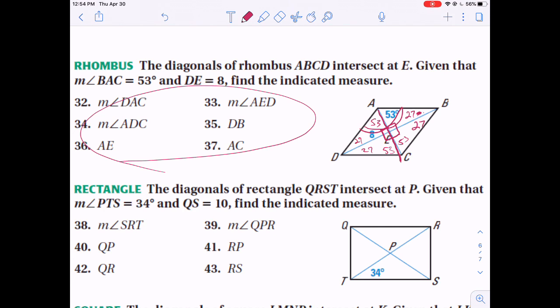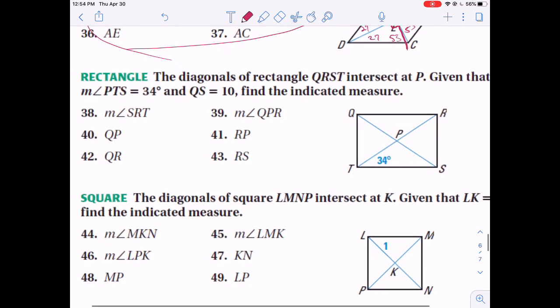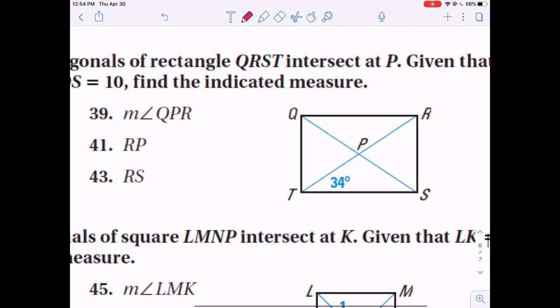On a rectangle, next shape, they have, remember, the diagonals are cut in half. Can you have 90 here, 90 here, 90 here, 90 here? These are not 90s, because it's a rectangle. Let's see what we can find.